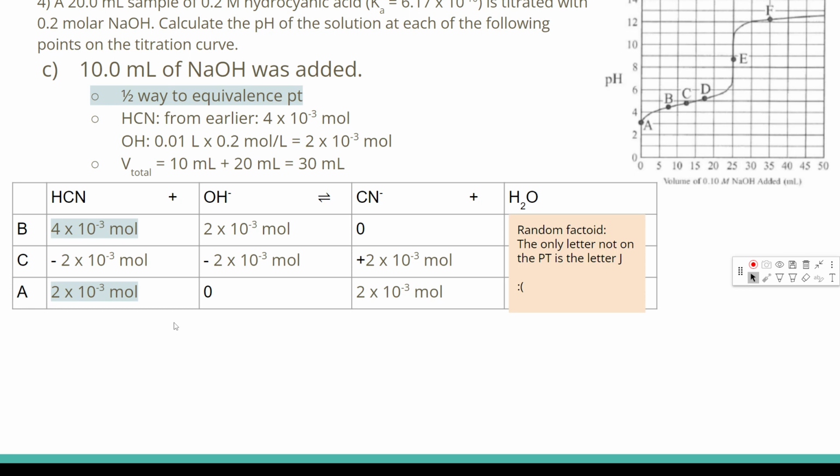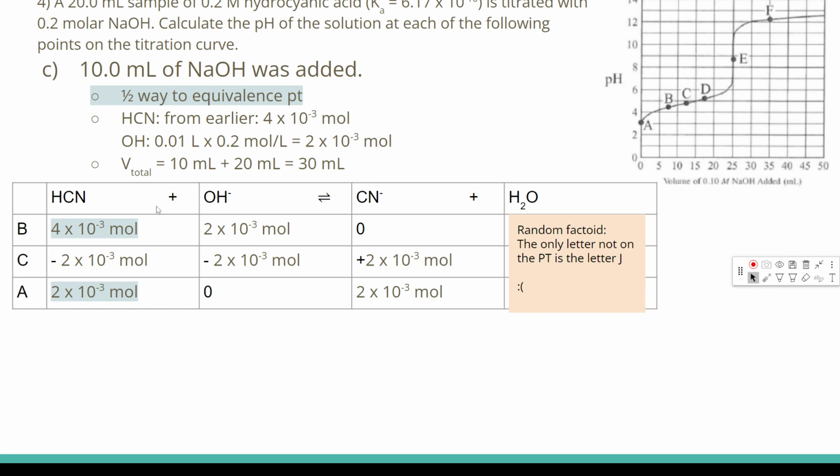So the reason why we know we're halfway to the equivalence point is because... I'm sorry, no. I'm looking at my highlighted parts, okay, sorry.